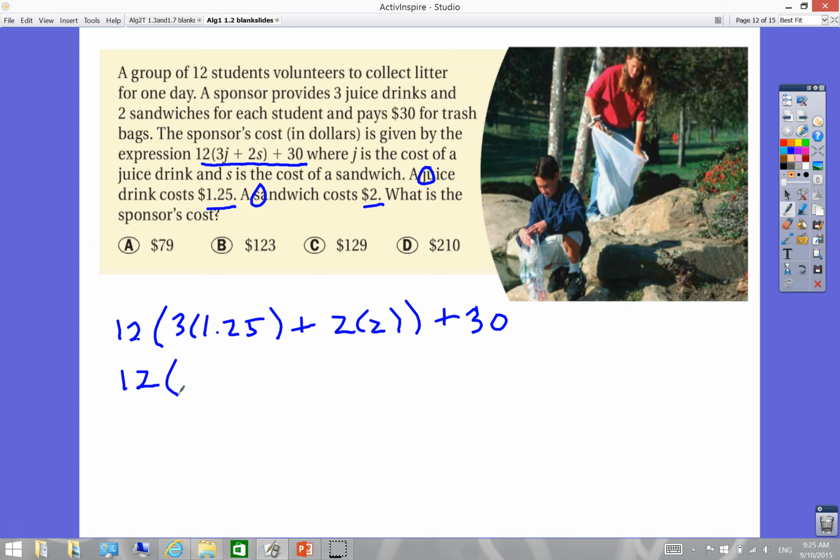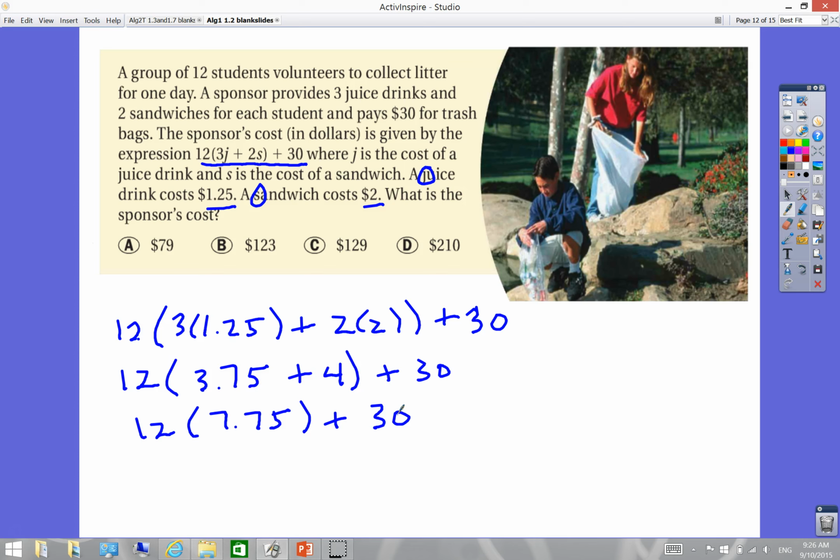12 times, and I know we get challenged with our arithmetic here. Most of you, if I said, what's 3 times $1.25, you'd say $3.75. But if I said 3 times 1.25, you'd say, I don't know. But it's actually 3.75. So $12 times 7.75. Now, if you're not dealing with a calculator, and we're not, I can tell you the way that I looked at this problem.